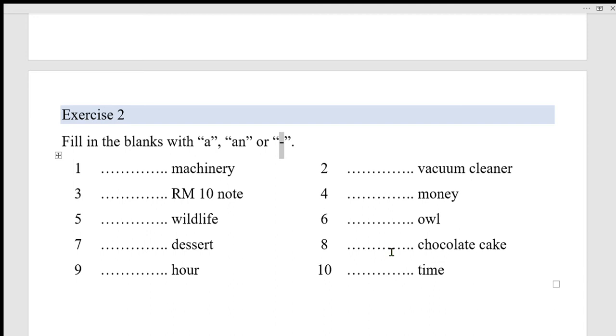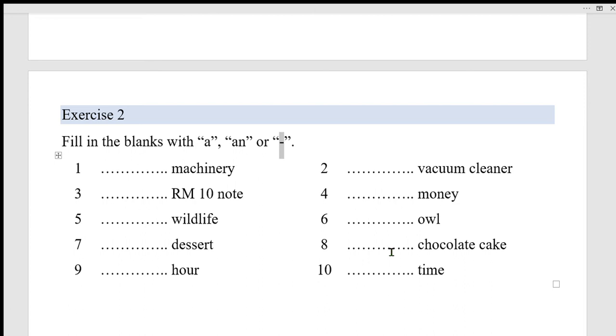So I believe you did pause the video just now, didn't you? So let's now start the discussion. Number 1, machinery. Machinery maksudnya jentera, okay? Like all types of machines. Segala machines adalah machinery.